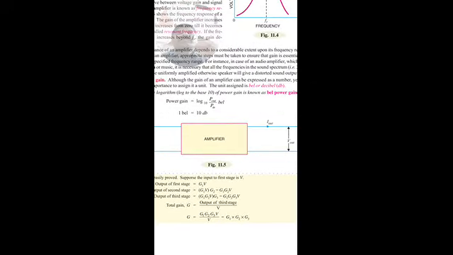So the power gain, or the gain in decibels, we have the relation that is 10 log of P out by P in. That is the expression showing the gain in dBs. Gain in dB is equal to 10 log of P out by P in to the base 10.